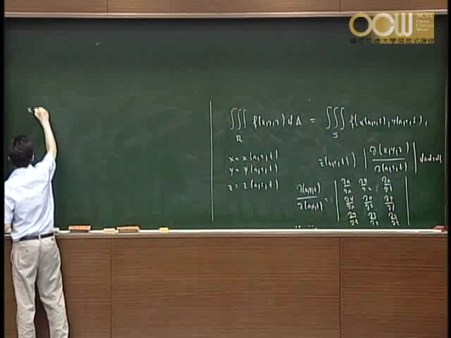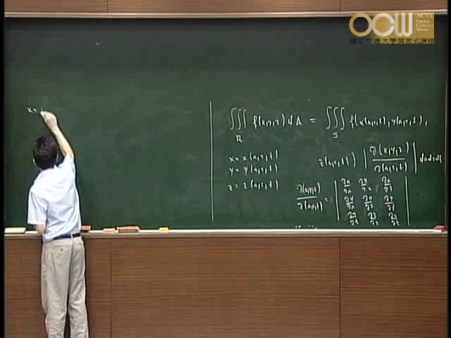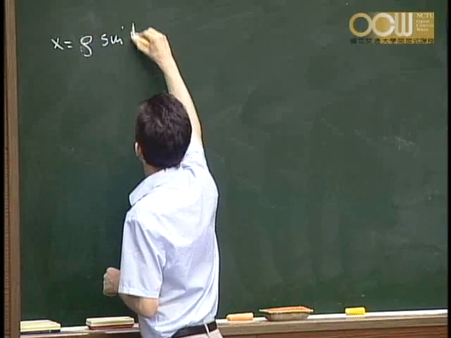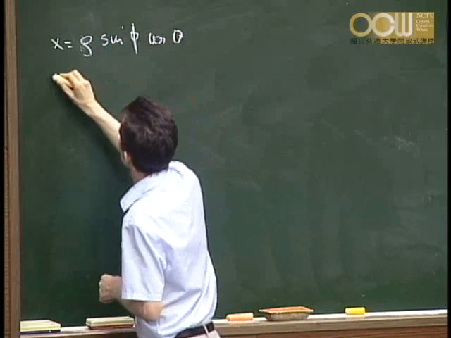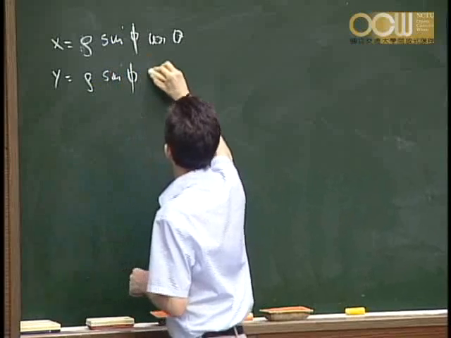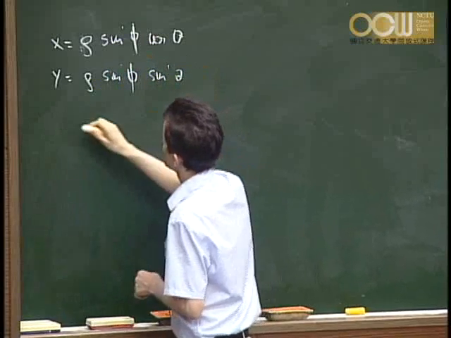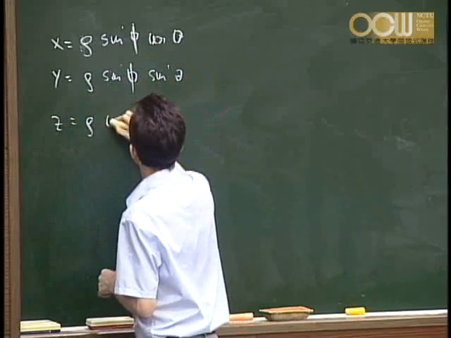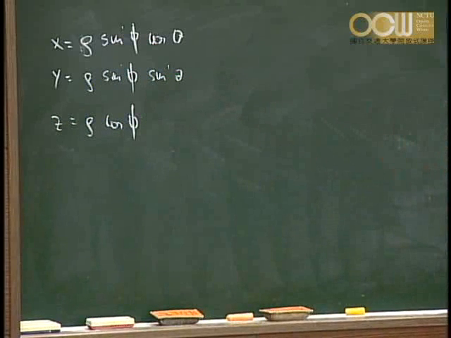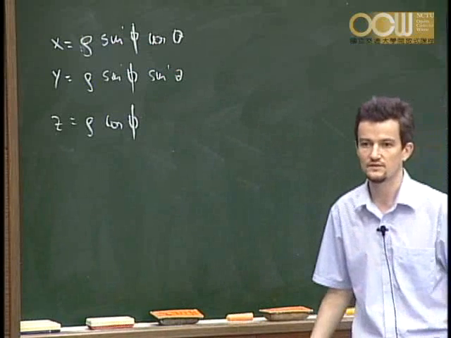In other words, we do the substitution: x is equal to rho times sine of psi times cosine of theta, y is equal to rho times sine of psi times sine of theta, and z is equal to rho times the cosine of psi. So this is our transformation, going from rectangular coordinates to spherical coordinates.